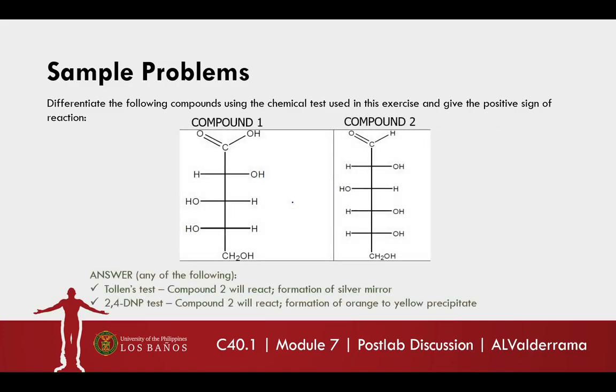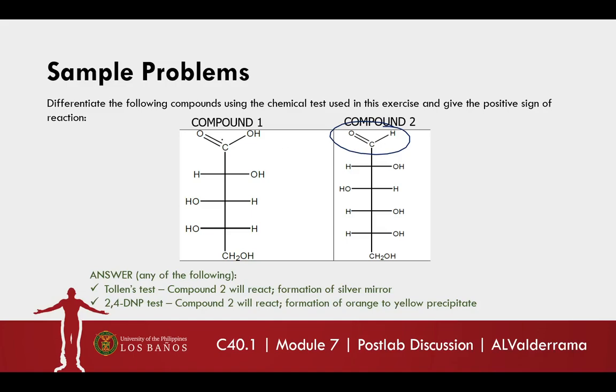So, how about compounds 1 and 2? So, ang sagot dito is Tollens test for compound 2 because Tollens test is a positive test for aldehyde. So, aldehyde ito. Or 2,4-DNP test since we have here an aldehyde or carbonyl.